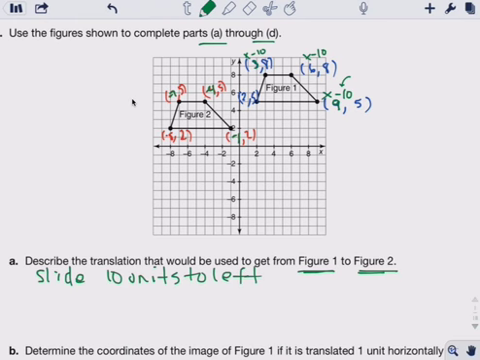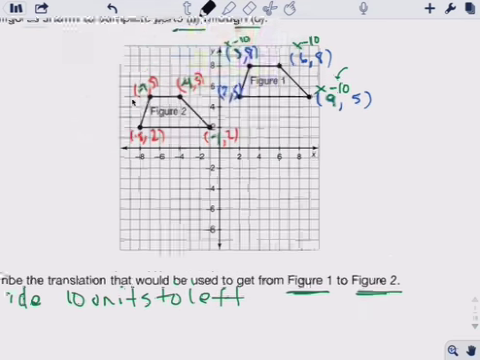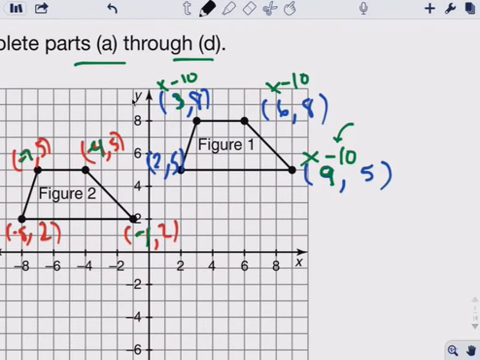And then let's look at our y. I'm going to use the y in black. Y here went from 5 to 2. How do I get 5 to 2? I have to minus 3. 5 minus 3 will get me that 2. Here, y minus 3: 8 minus 3 will get me this 5. So basically it's a minus.